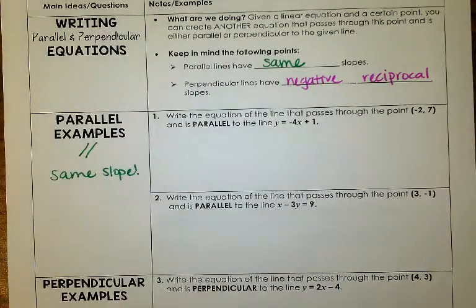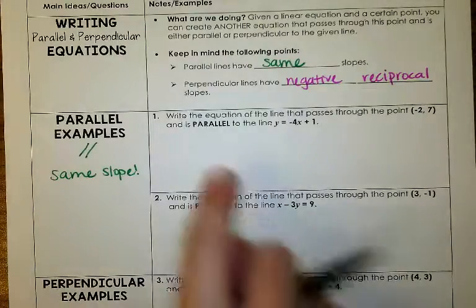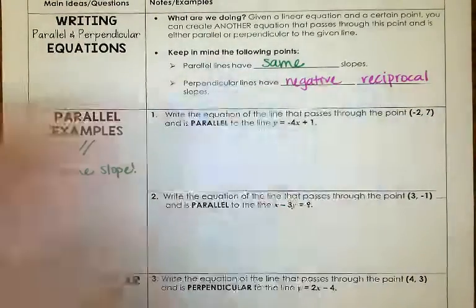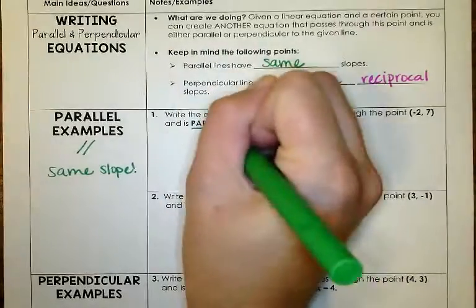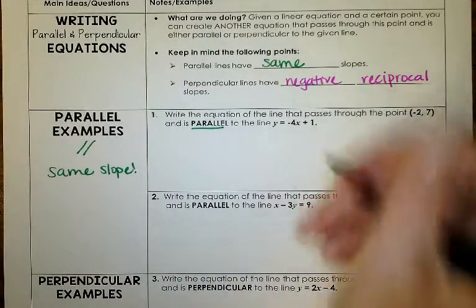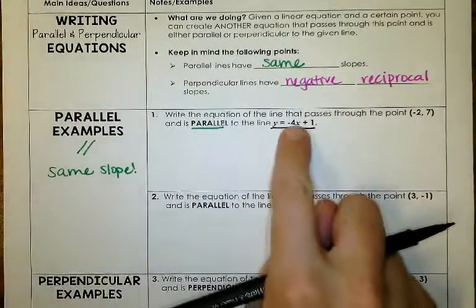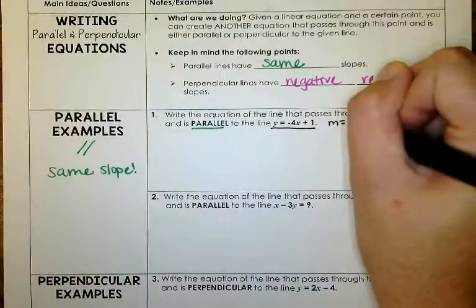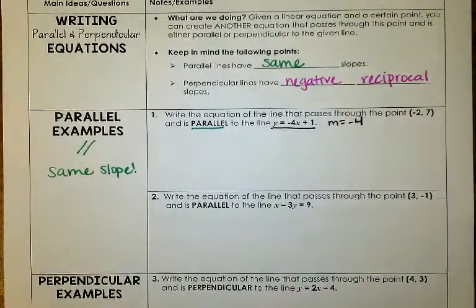We want to write an equation that passes through this point and is parallel to this original line. So, y'all, what is my original slope? My original slope is what? -4.